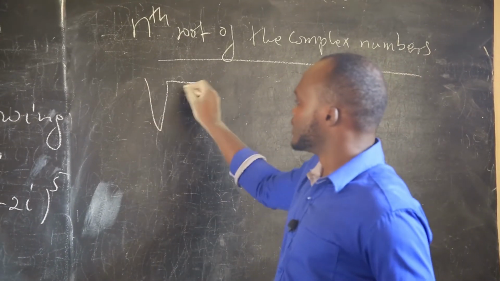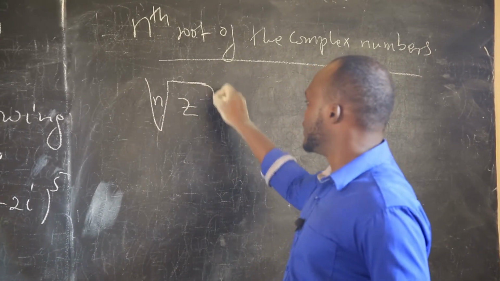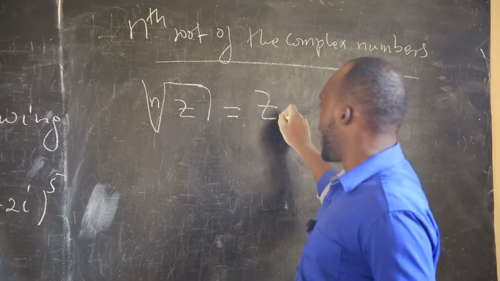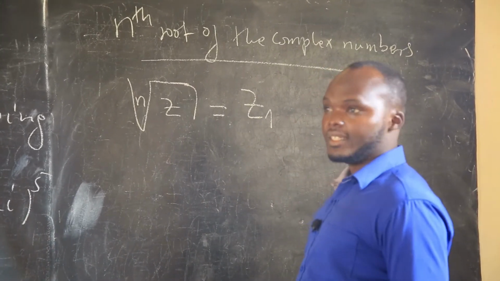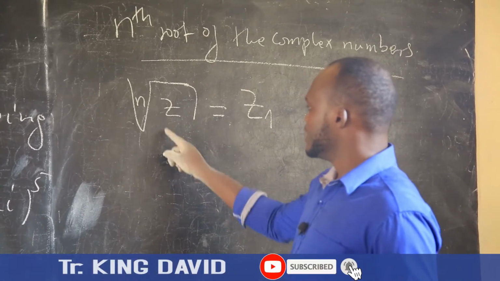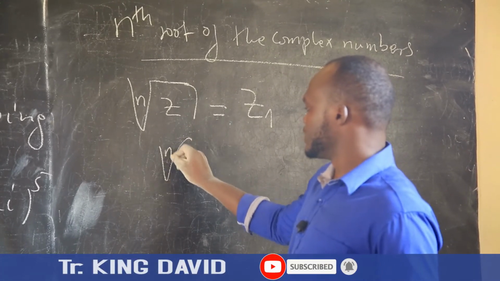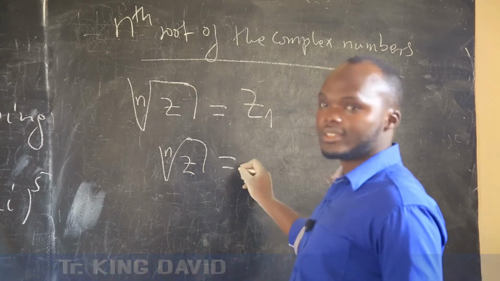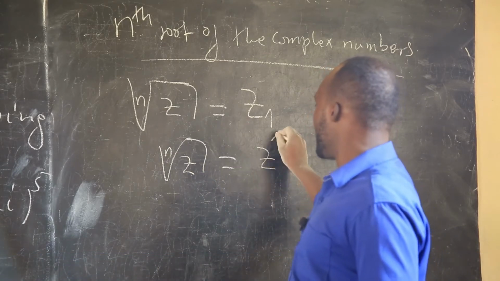The nth root of z is also a complex number. This is like the nth root of z. Actually, it is like z power 1 over n.